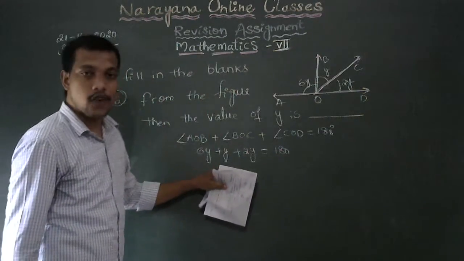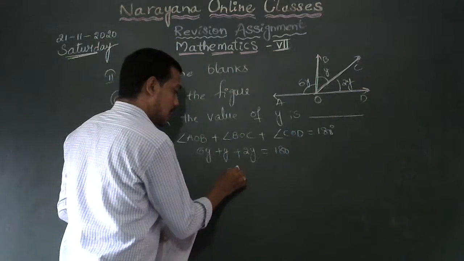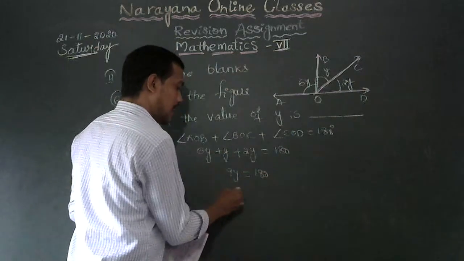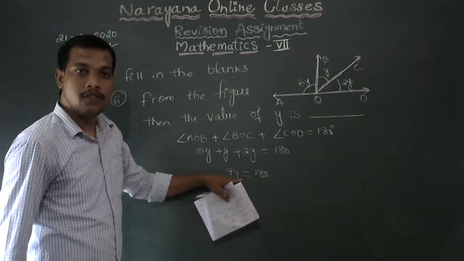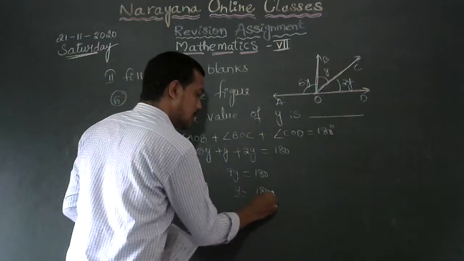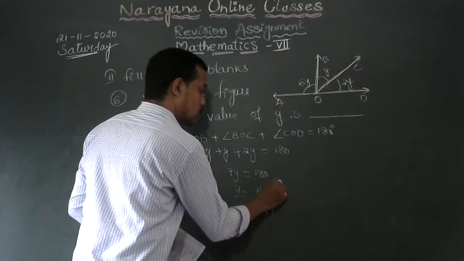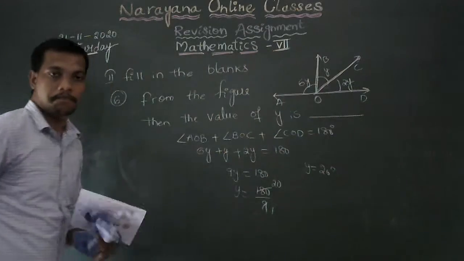So 6y plus y is 7y, 7y plus 2y is 9y. 9y equals 180. 9 is multiplying with y, so bring it to the RHS, that is division. 9 twos are 18, therefore y is equal to 20.